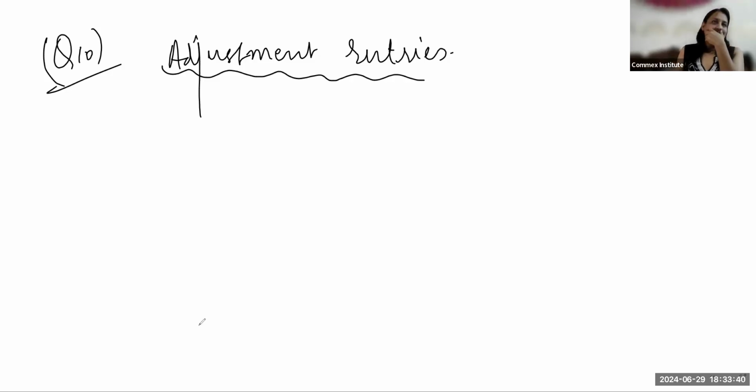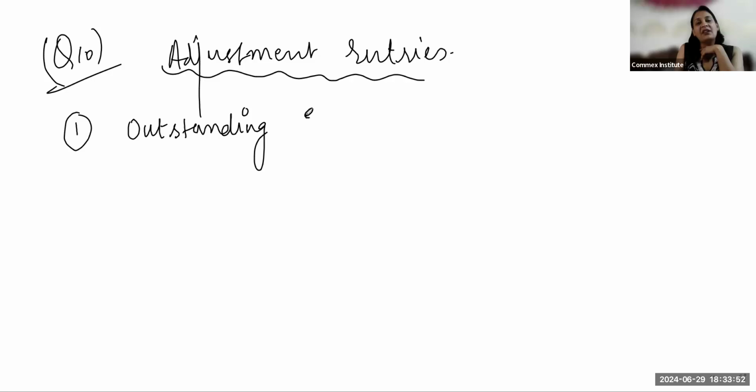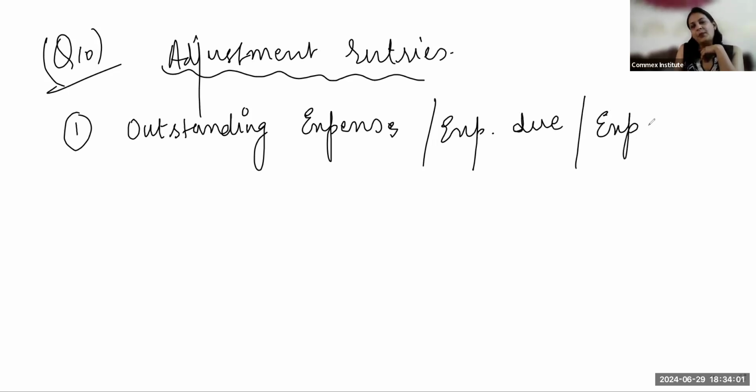Adjustment entries. So if you have clearly understood what you mean by outstanding expenses, again, I'm coming to the same discussion. Very important. Please write it again. Outstanding expenses or expenses due or expenses payable, whatever the name is.